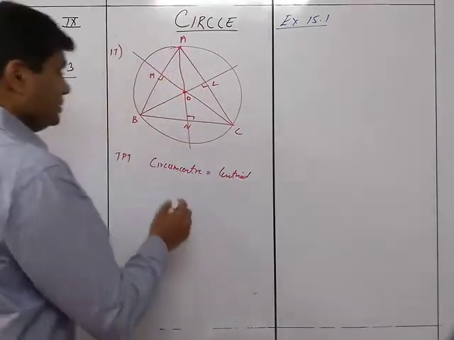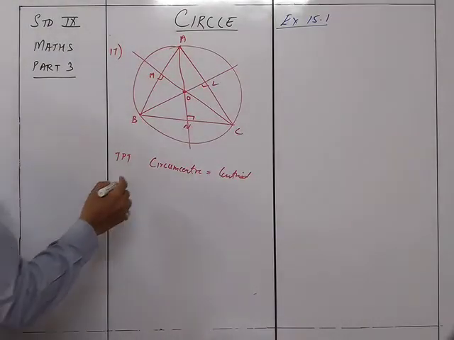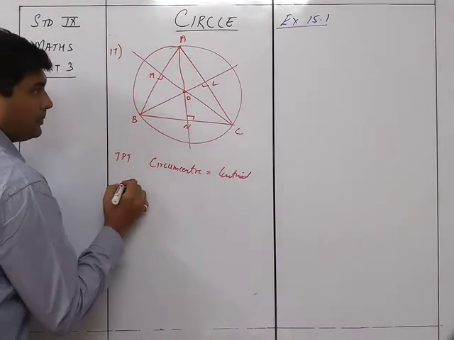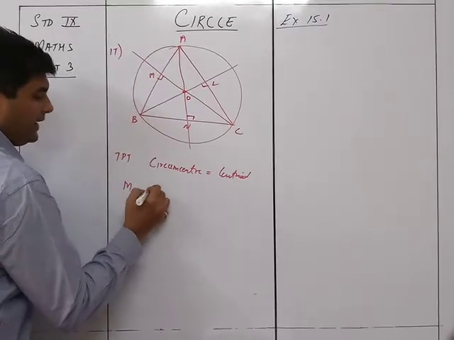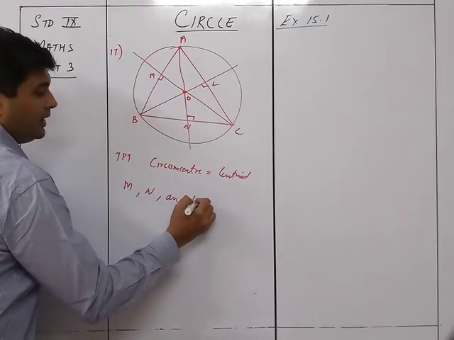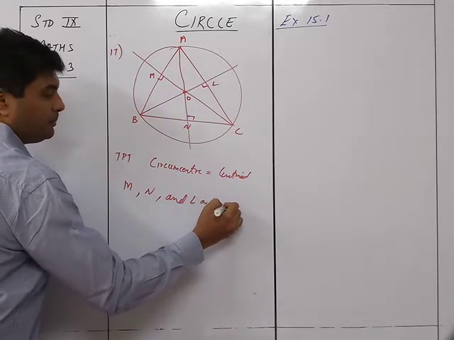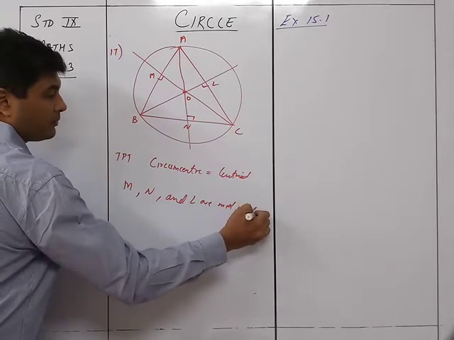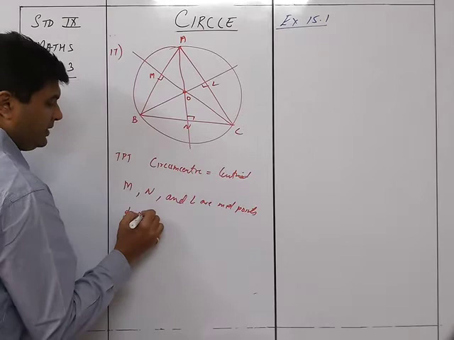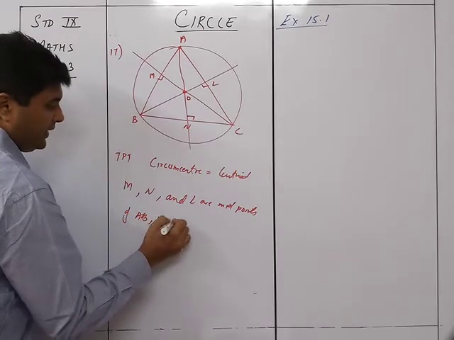So here we know that M, N and L are midpoints of AB, BC and AC.